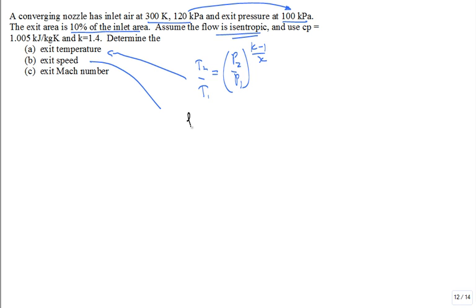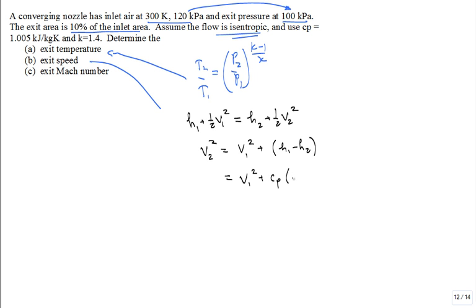So we would have the enthalpy inlet plus 1/2 V1 squared equal to enthalpy exit plus 1/2 V2 squared. And then, I'm going to do it slowly, V2 squared is equal to V1 squared plus H1 minus H2, which is V1 squared plus C sub P times T1 minus T2. Take the square root, and there's my exit speed.